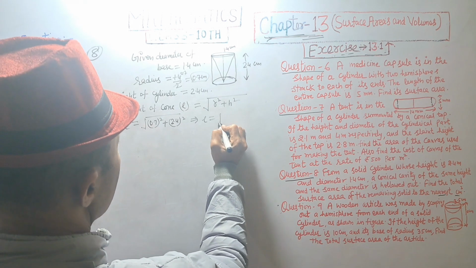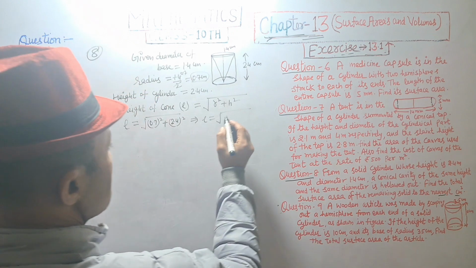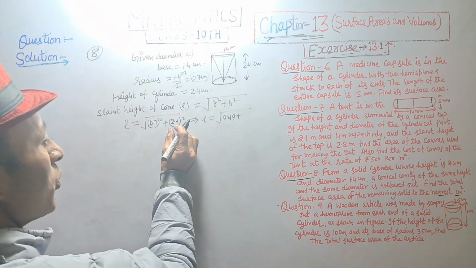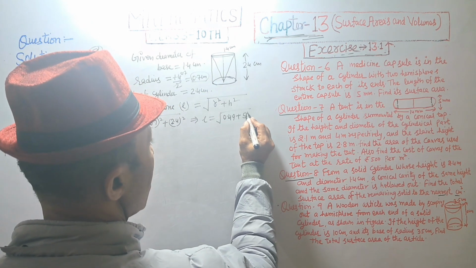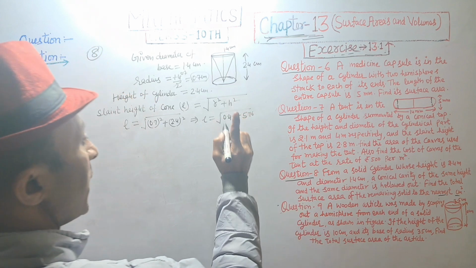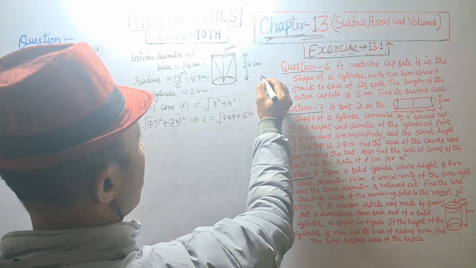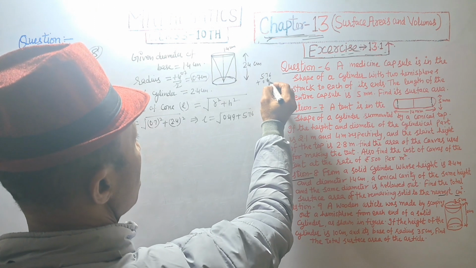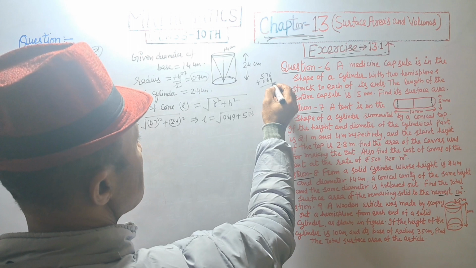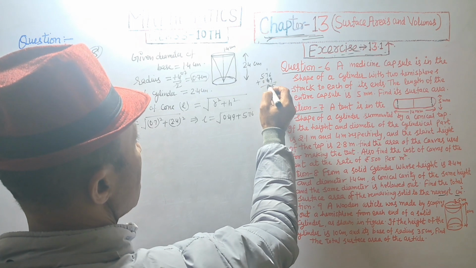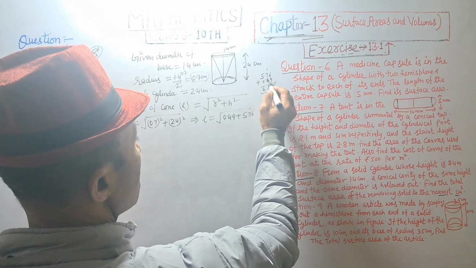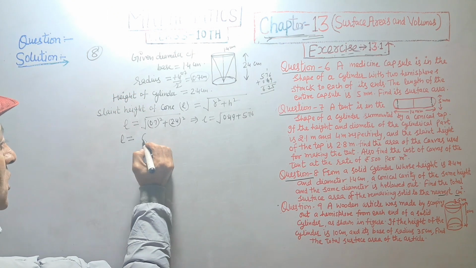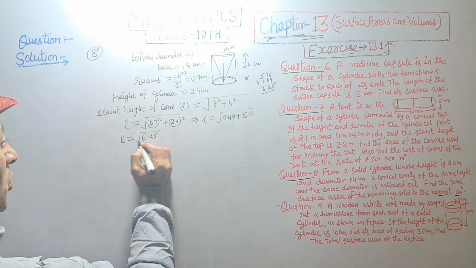This implies l can be written as 7 7s are 49, 0.49 plus 24 24s are 576, that is 5.76, and 5.76 plus 0.49 is 6.25, and l is equal to root of 6.25.